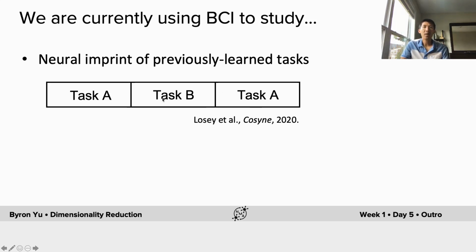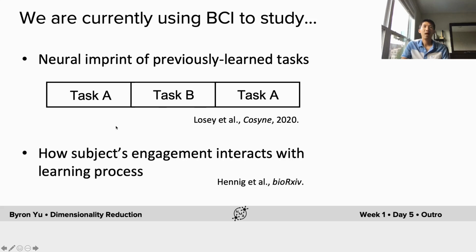What we asked was whether learning mapping B affects how you perform using mapping A. And what we do is to compare the activity in this second block of mapping A with the first block of mapping A. And what we found was that the activity in these 2 blocks is different, even though the animal is using the same mapping. And it was different in a way such that the activity in this block reflects a sort of memory trace of what the animal learned here.